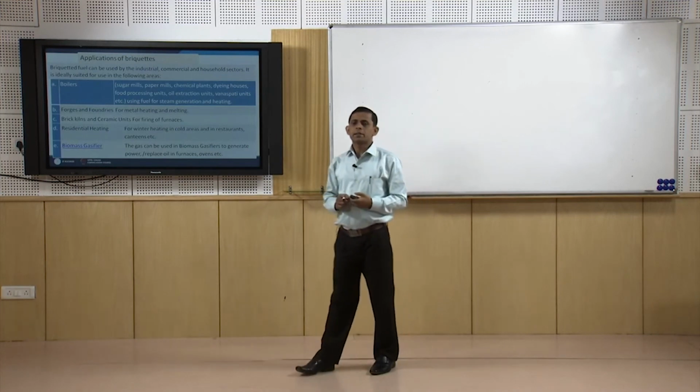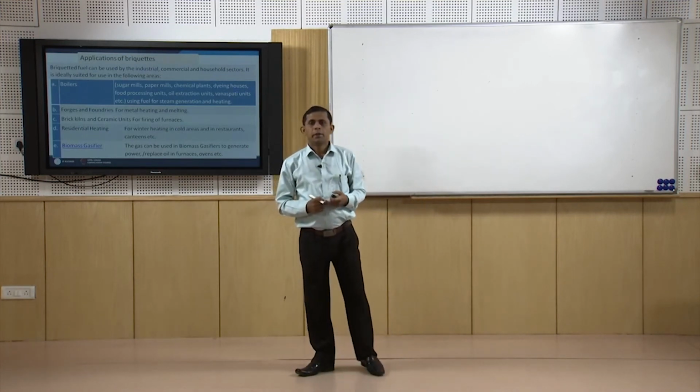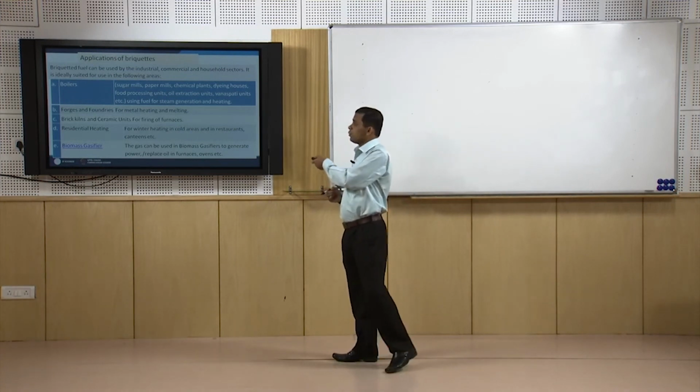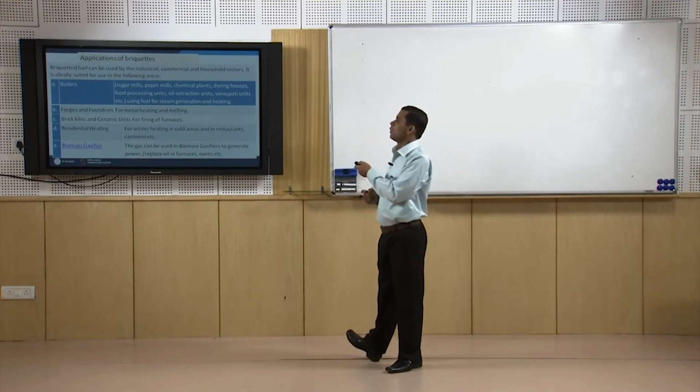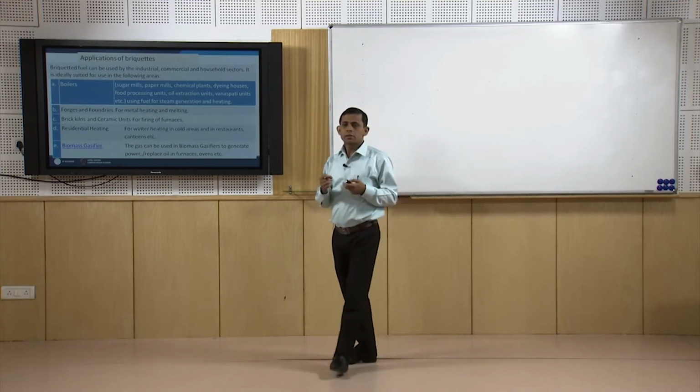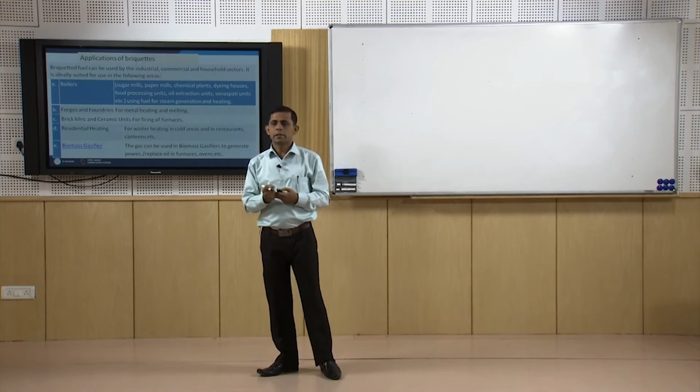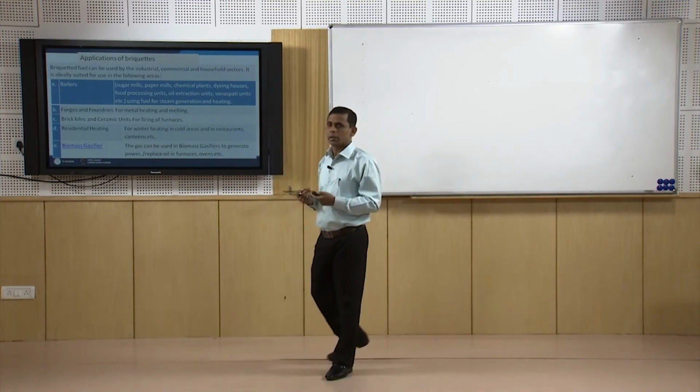Now, we will see the applications of these briquettes. The briquettes can be applied in many cases. A few are reported here. The first is boilers. The briquettes can be used in boilers to produce flue gas, which can be used for the production of electricity or heat.